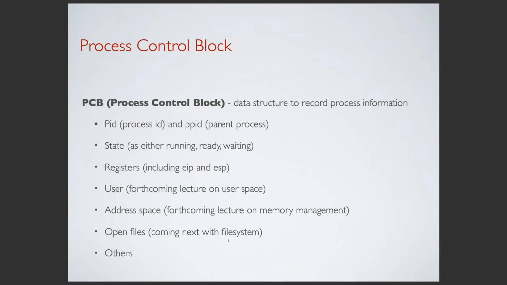The user, that's going to be useful when we talk about user space in 2 weeks from now. The address space itself. You might ask why record the address space? Well, it has something to do with what I discussed last week: at some point we have virtual memory, and virtual memory means we need to keep some kind of a translation table from the virtual to the real memory.